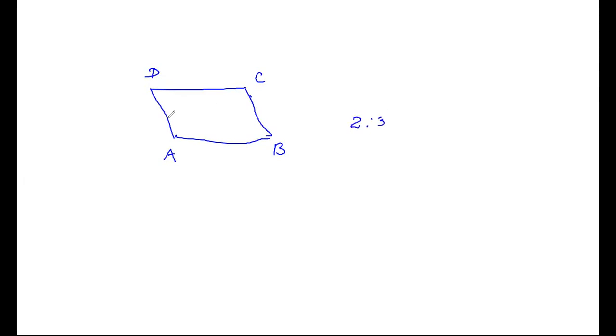So let us take this is angle A and this is angle B. So angle A is to angle B is equal to 2:3. So we say this is 2x and this is 3x. So we know that in a parallelogram, the sum of the adjacent angles is supplementary, that is 180 degrees.